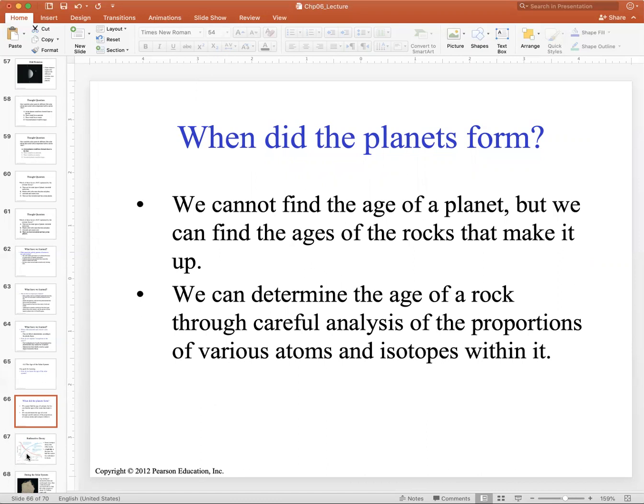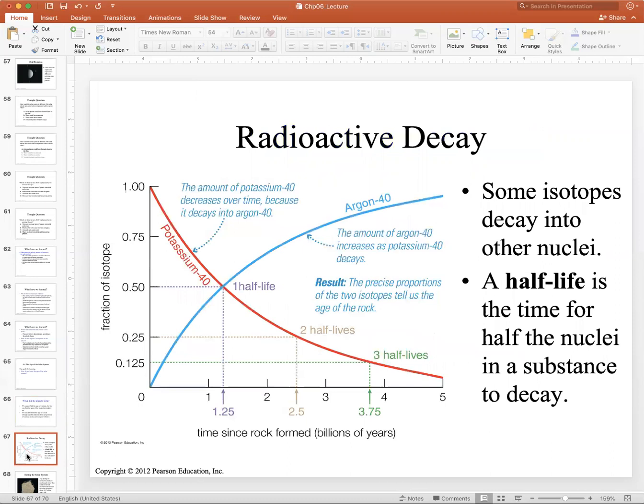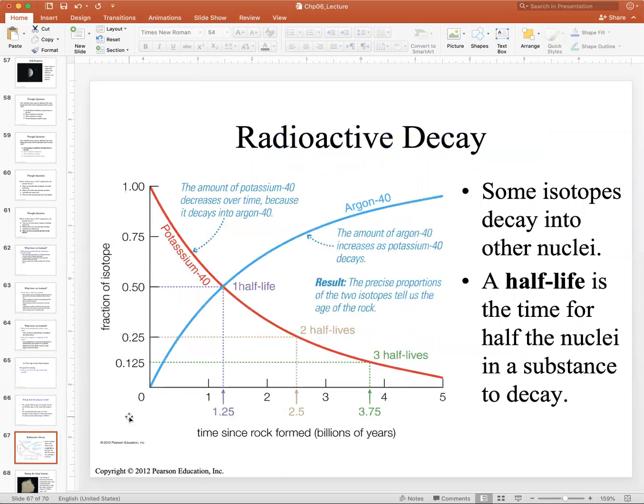One of the isotopes that we usually look for is potassium-40. Why? Potassium-40 can decay to argon-40, and its half-life is 1.25 billion years. In other words, if you have a sample of just potassium-40, 1.25 billion years later, half of it has decayed to argon.